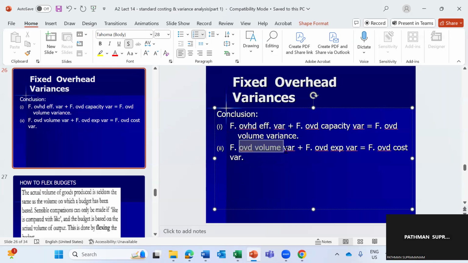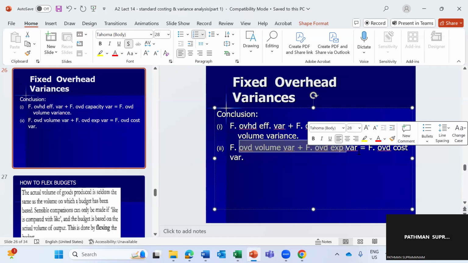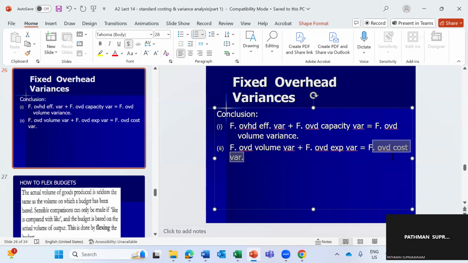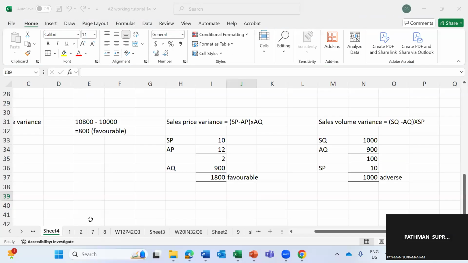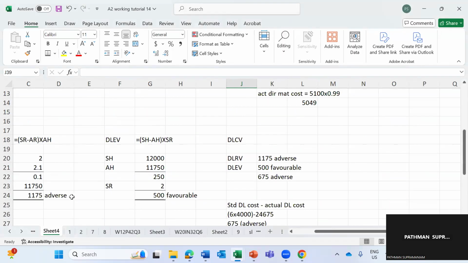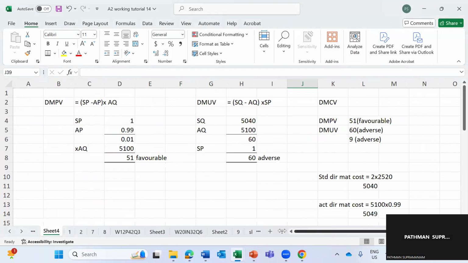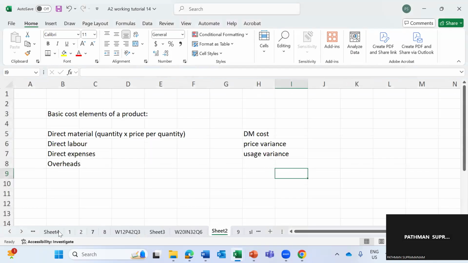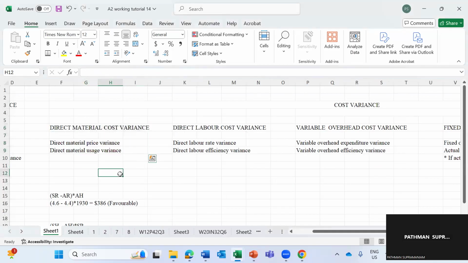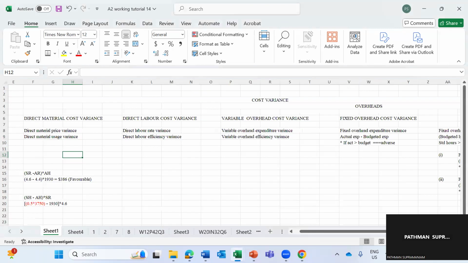When you combine the volume variance and the expenditure variance, you will get what is called the fixed overhead cost variance. That is what I showed here in this diagram.